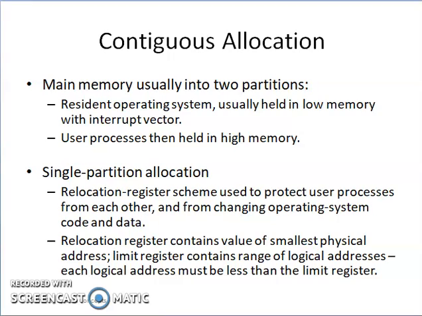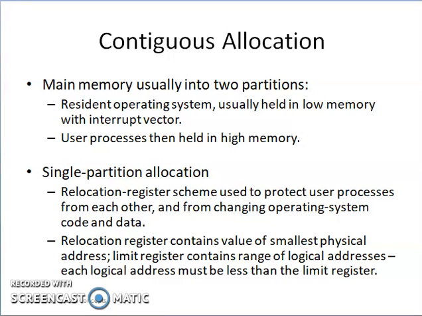In continuous memory allocation, the operating system is going to reside in one part of the memory which is known as the low memory, and then we have the high memory where the user processes are allocated. Now in this user process memory allocation, there is a base register, also known as the relocation register, and there is a limit register.